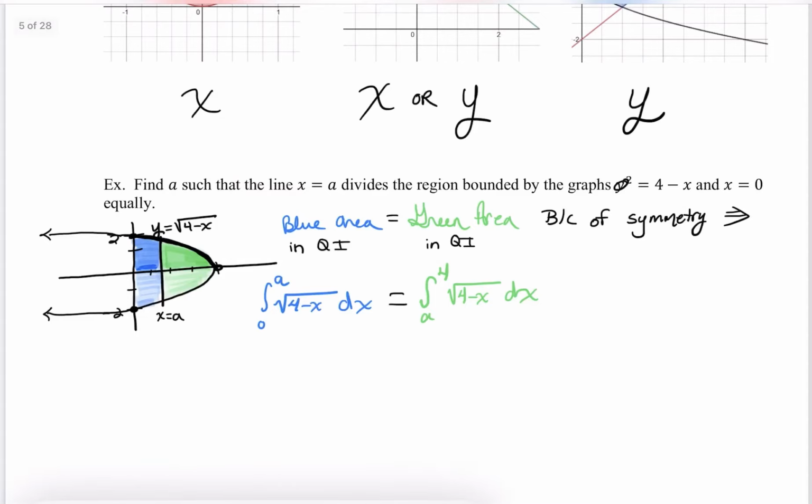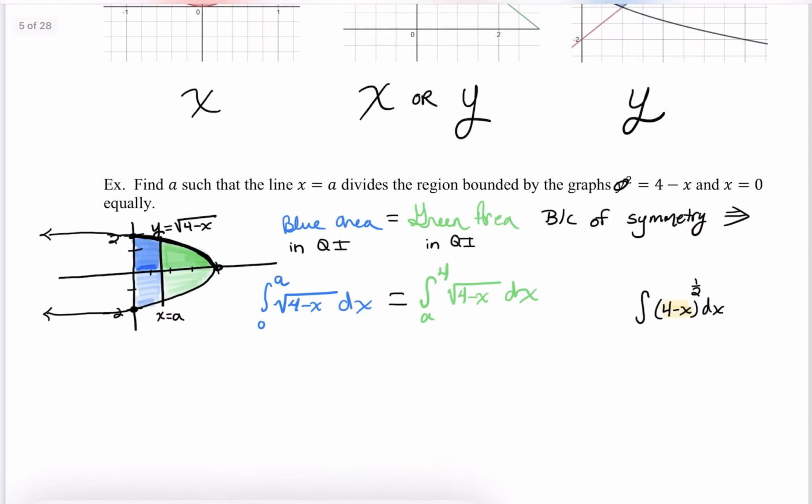So let's go off to the side and take a look at what this integral of 4 minus x to the 1/2 dx would be. This requires a u substitution. So we're doing a couple of basic u subs here.